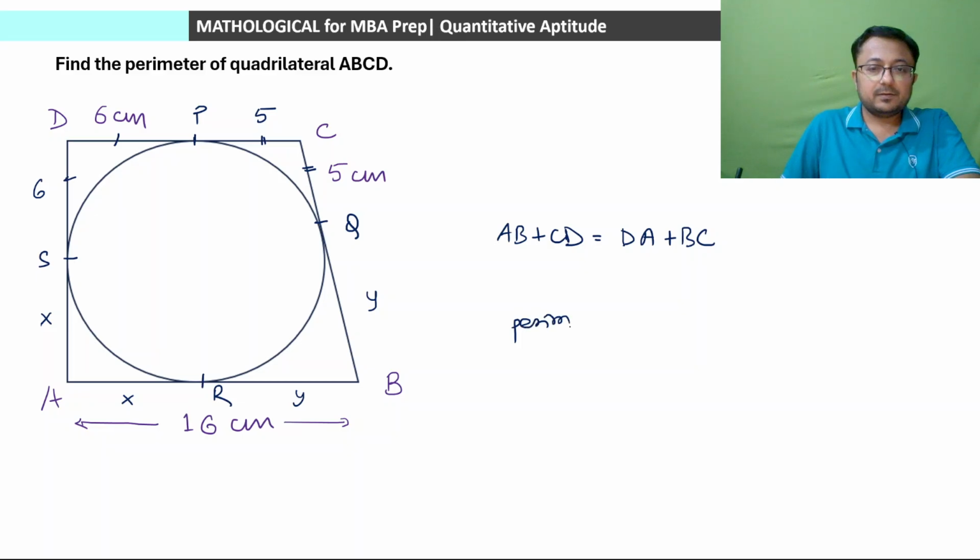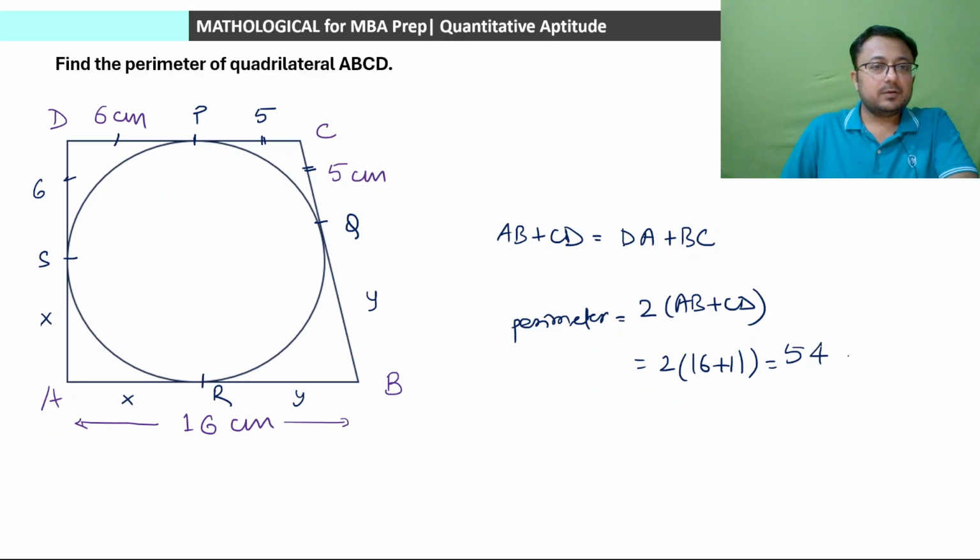Perimeter will basically be 2 times of AB plus CD, because AB plus CD is equal to DA plus BC. तो 2 times of AB plus CD आ जाएगा, और AB 16 है और CD 11 है, तो 2 times of 16 plus 11, that will be 54 centimeter. Perimeter will be 54 centimeter.